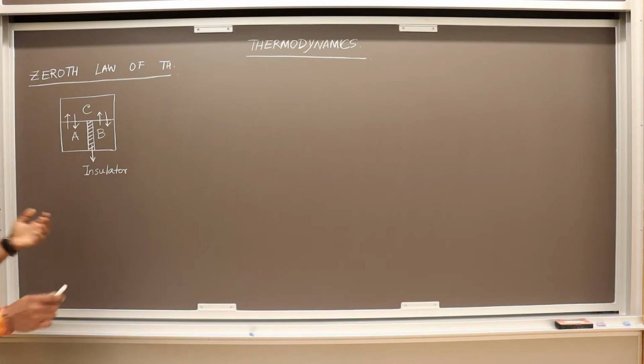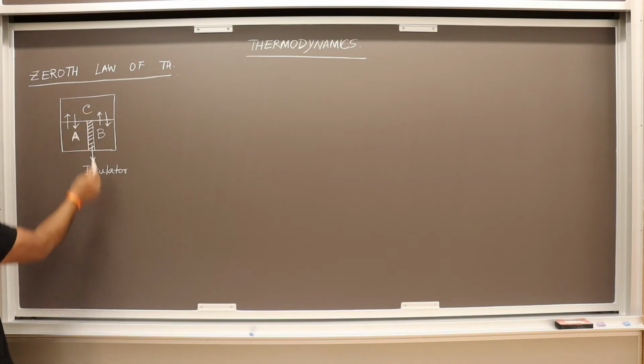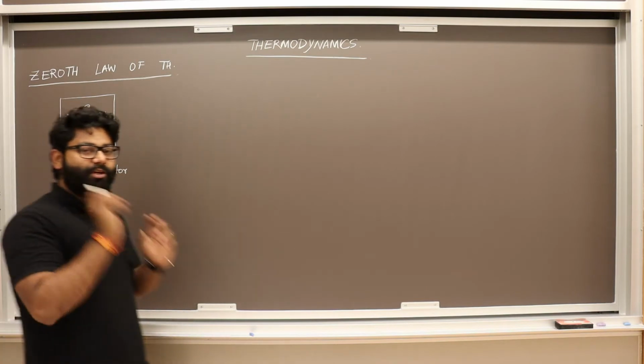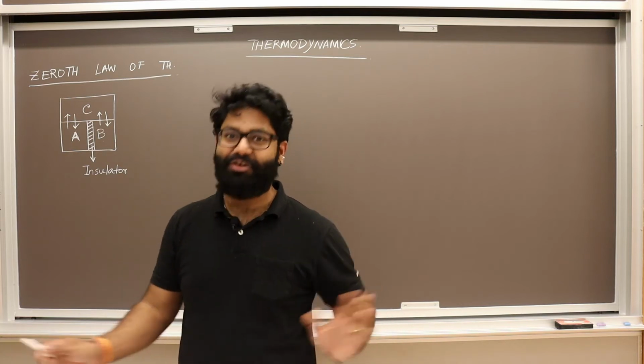So we came to the understanding that if A and C are in thermal equilibrium and B and C are in thermal equilibrium, then A and B have to be in thermal equilibrium with each other. That is the zeroth law, as simple as that, right?